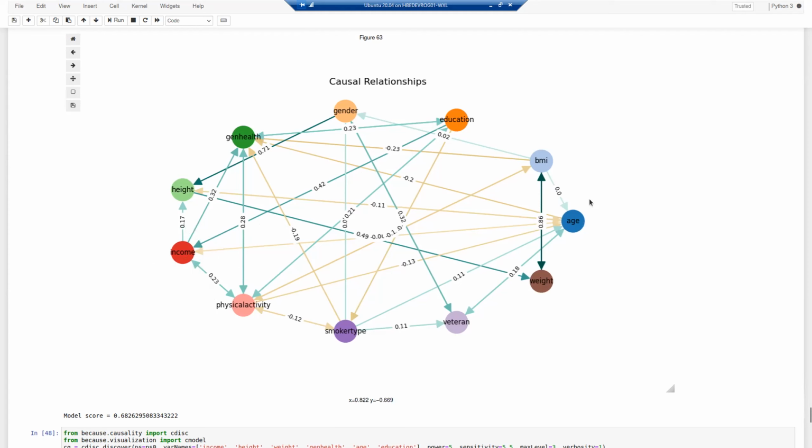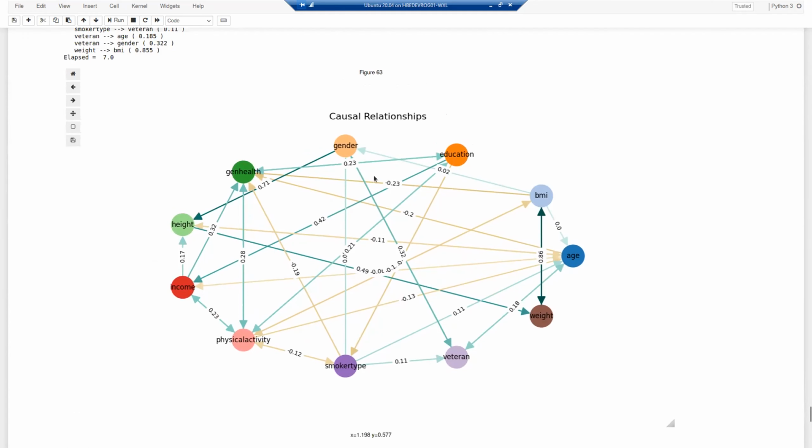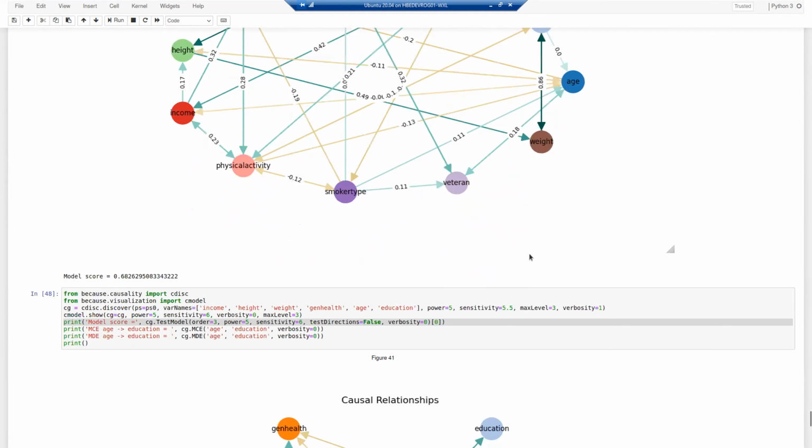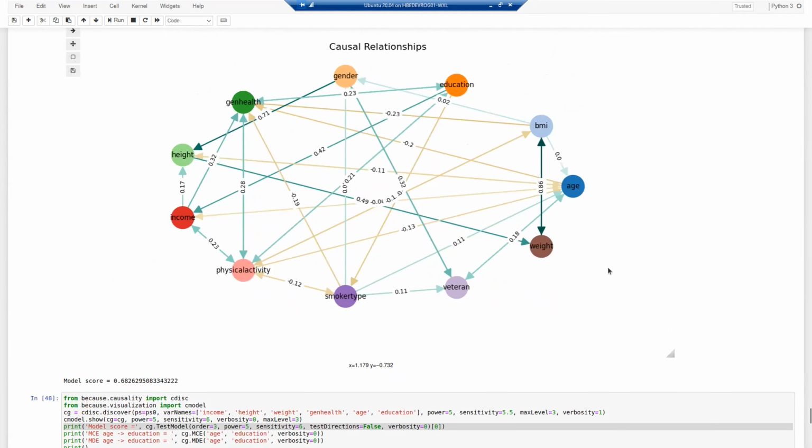I won't go into all of these, but most of them make some kind of sense. Being a veteran, for example, there's an age relationship. There's a gender relationship. Most veterans are male. There's a smoking relationship. But anyhow, many studies can be done based on this information.